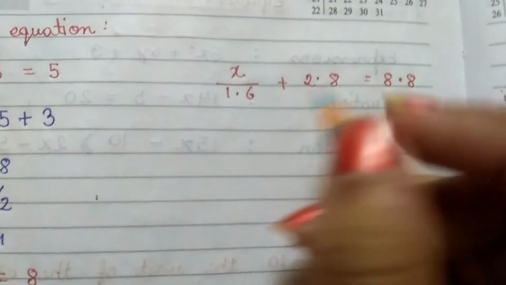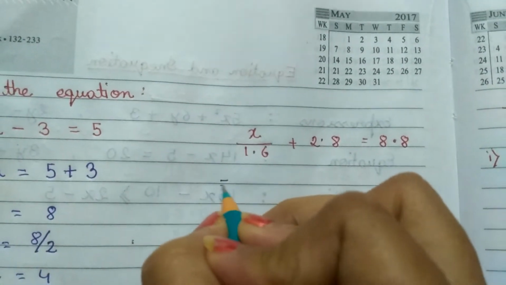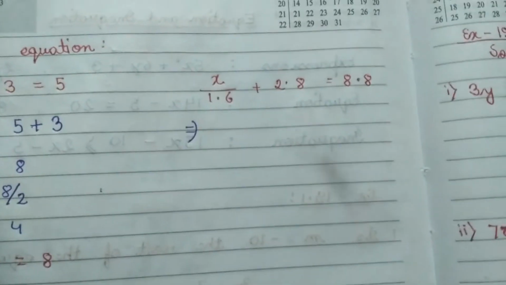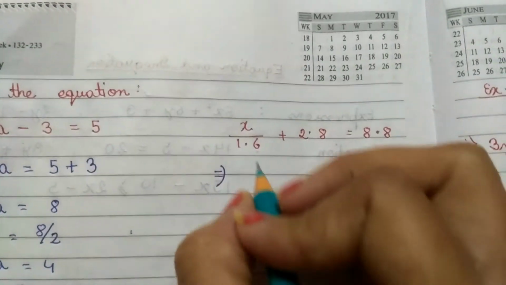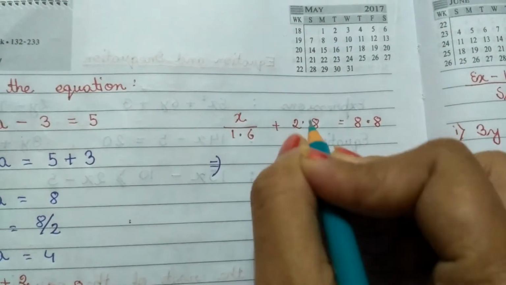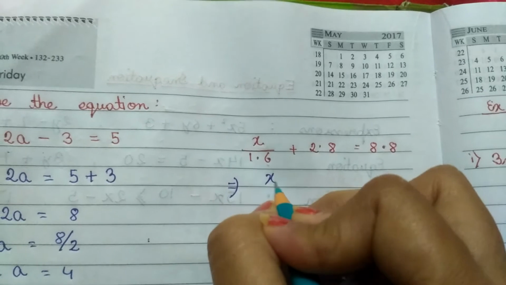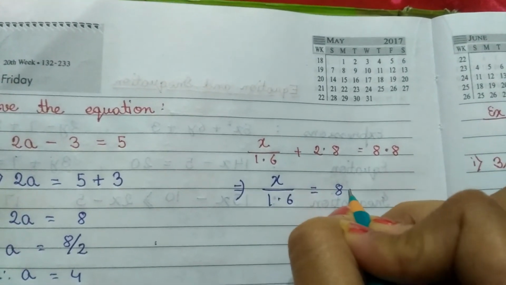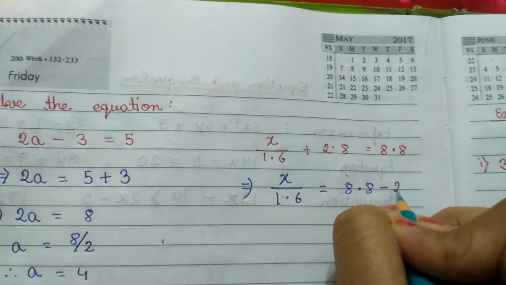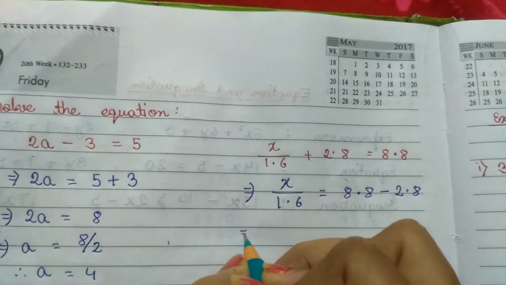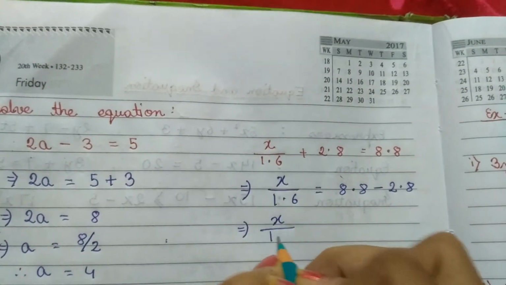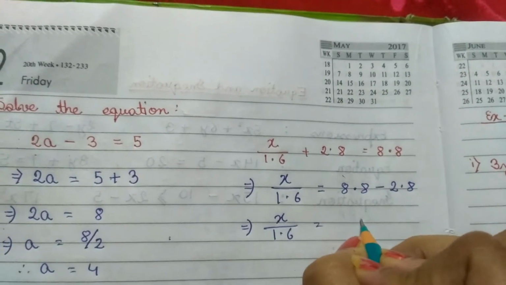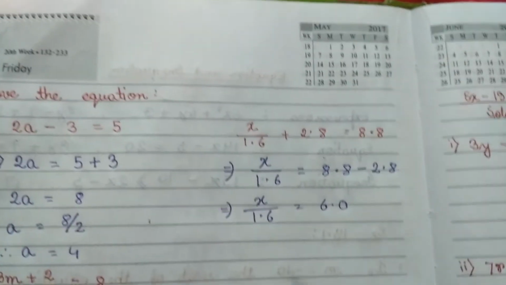In the same way, we will do another one: x by 1.6 plus 2.8. This 2.8 will go to this side, so we will write x by 1.6 equals to 8.8 minus 2.8, that is 6.0.